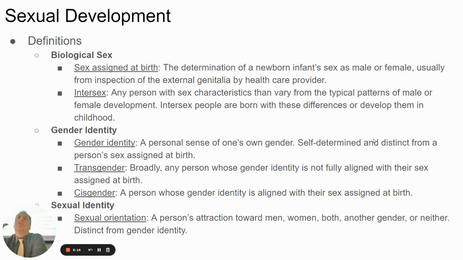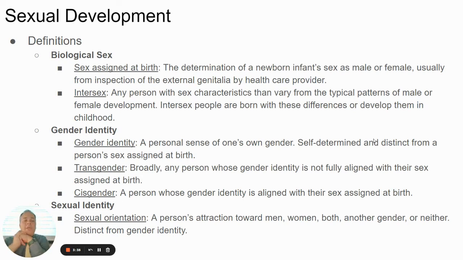The term we use when a person's gender identity doesn't match the sex determined at birth by the doctor or the nurse is transgender. And when a person's gender identity does pair up with the binary sex assigned at birth, that's called cisgender.